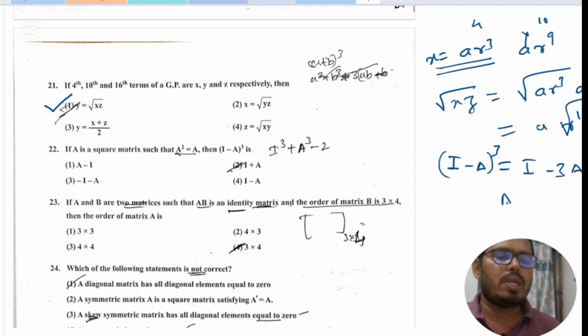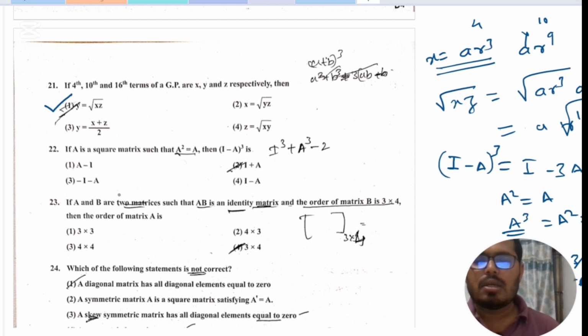But they have given A square is equal to A, and whenever A square equals A, then A cube is equal to A square, which is equal to A. Therefore A cube is also equal to A. Then that is equal to I minus 3A plus A minus A. Minus 3A plus 3A get cancelled, there remains I minus A. Therefore option number 4 is correct, I minus A.